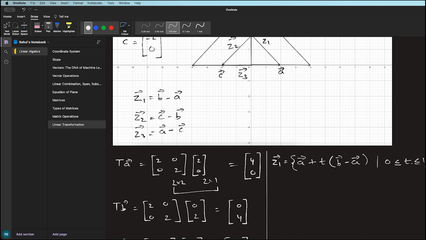So, for example, suppose the value of t is 0.